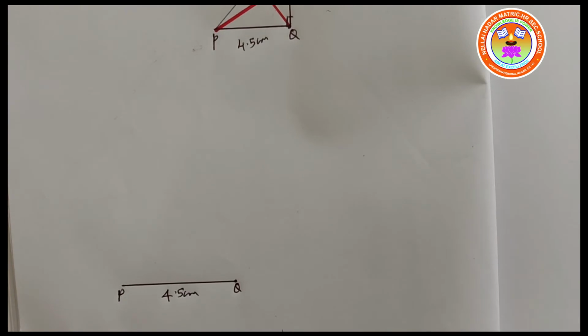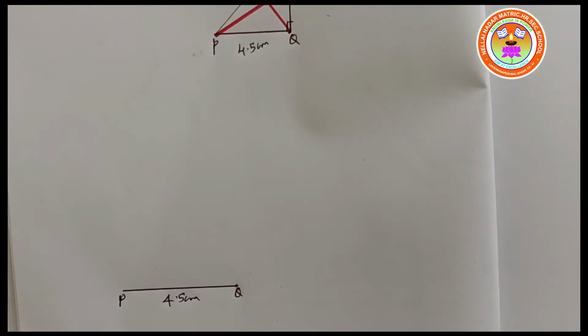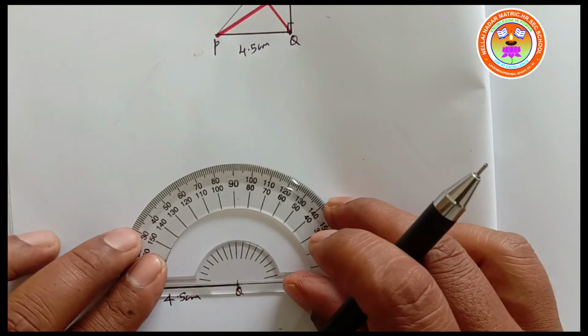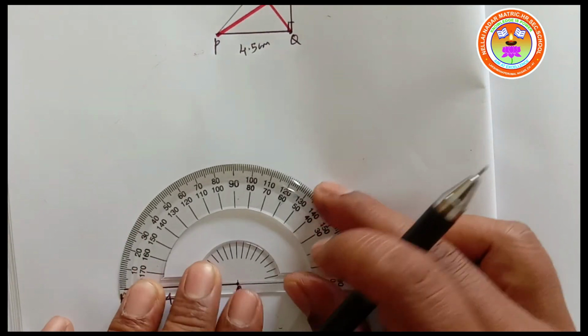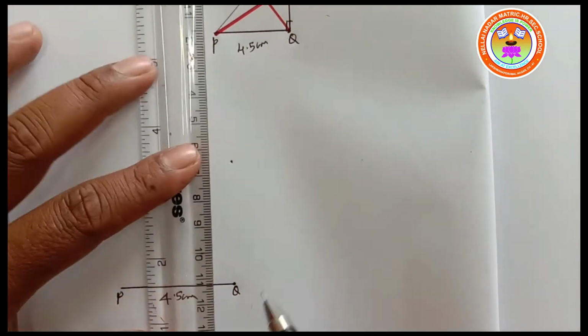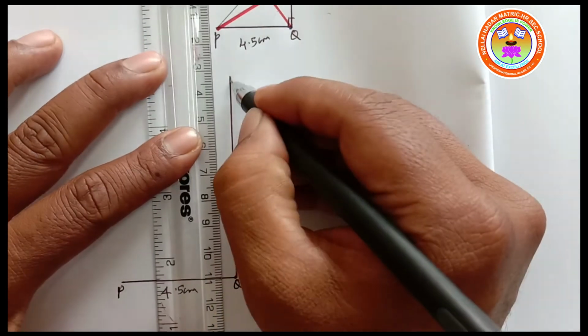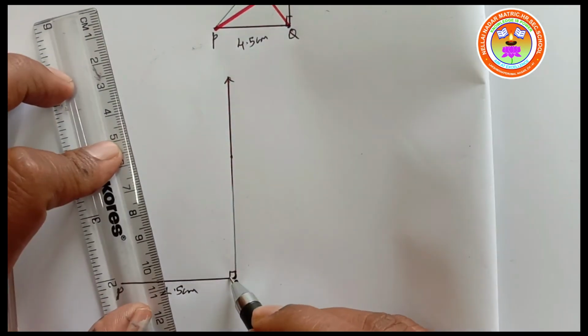Now Q is what? 90 degree, because we are considering a right triangle. So take 90 degree. Using protractor, mark 90 degree and draw a line. This 90 degree. It's clear, children?